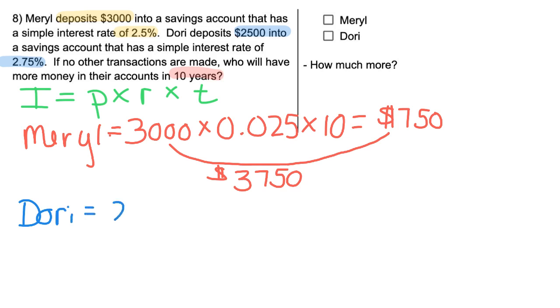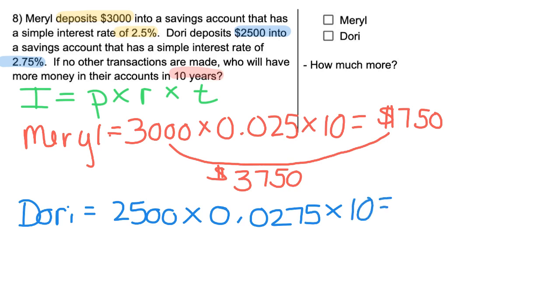She deposited $2,500. Her rate was 2.75%, but I'm going to change that by moving my decimal 2 places to the left. And she also was 10 years. So when I multiply 2,500 times 0.0275 times 10 years, she's going to make $687.50.